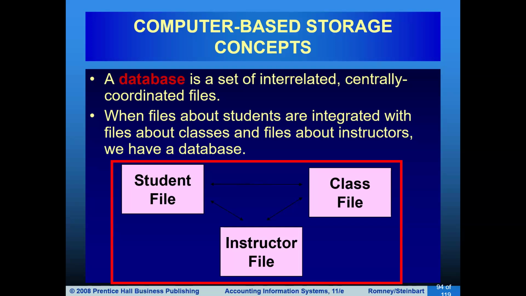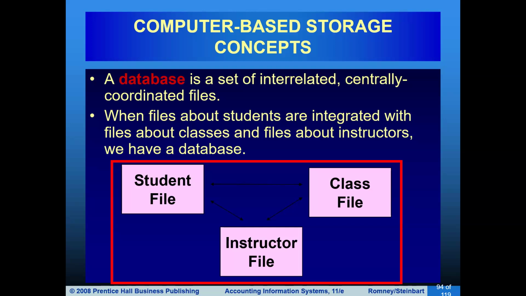Database mean, right? Lot of data together. That is database. No. Lot of data as well as that among the data have an interrelationship, interrelated, centrally coordinated. Centrally coordinated part also very, very essential.